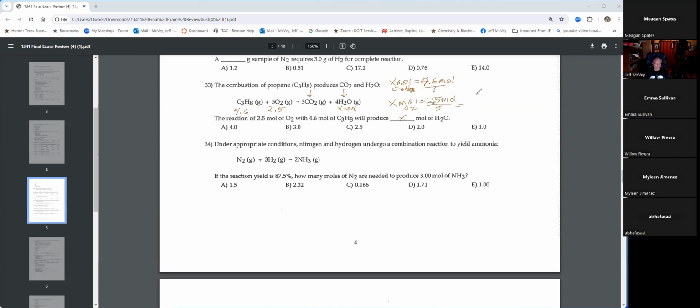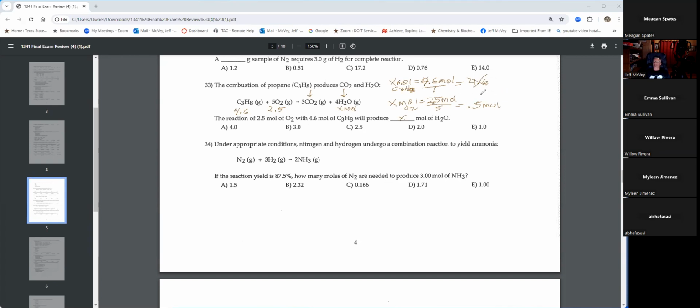We'll go ahead and divide. So that's going to be 2.5 divided by 5, which gives me 0.5 moles of O2. Since I was only divided by 1 here, that's just going to be 4.6. So this is not my limiting reactant.